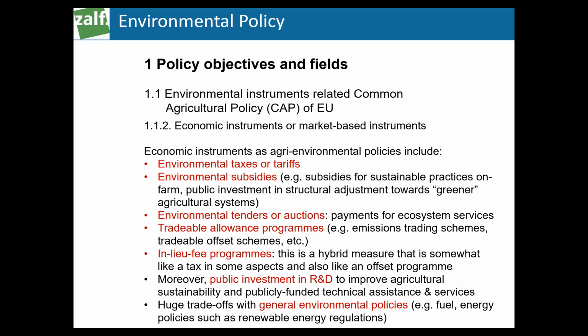And then offset programs, a hybrid measure that is like a tax in some aspects, to have certain activities offset, and set-aside, for example, of agricultural land. Then public investments in R&D, very important to accelerate technological progress.